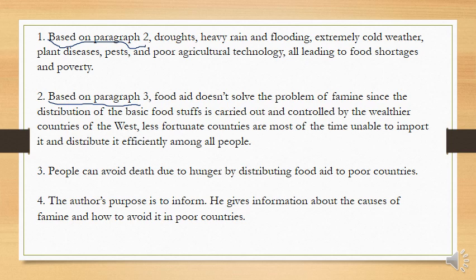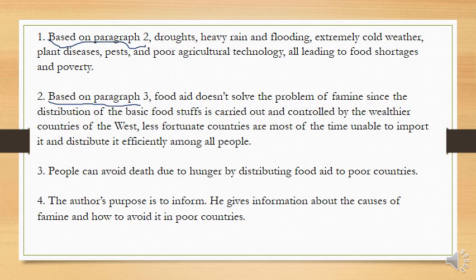So as we said, this does not solve the problem. Number 3, people can avoid death due to hunger by distributing food aid to poor countries, as well as the other answers that we mentioned in the previous slide, which are planting, benefiting from the lands that they have, solving the problem of overpopulation, and so on.